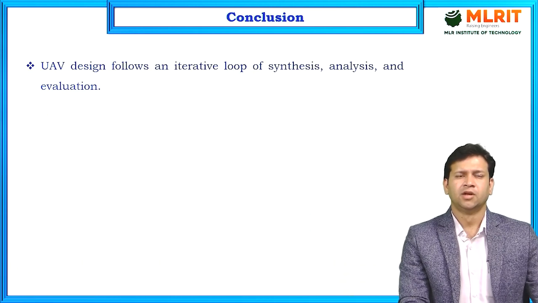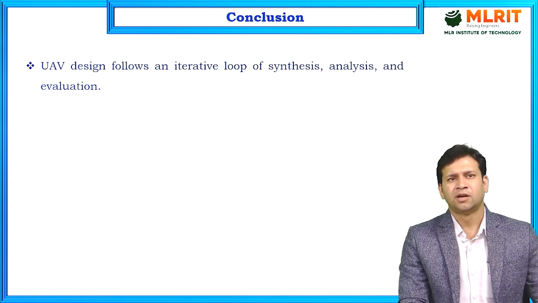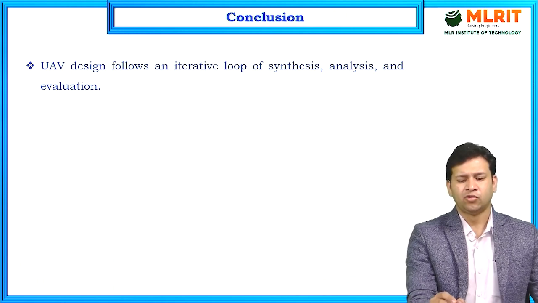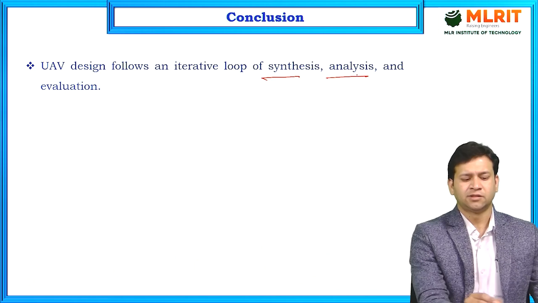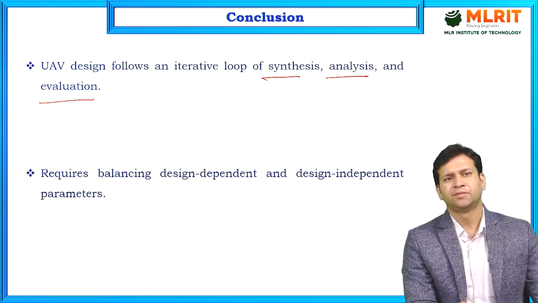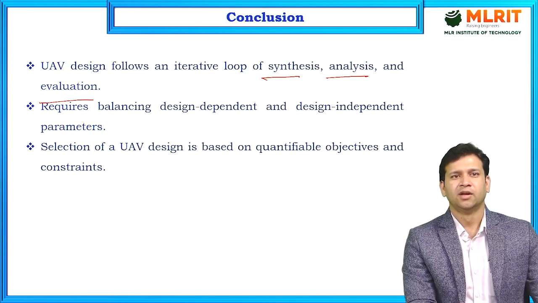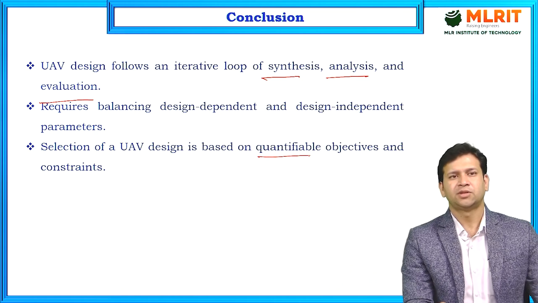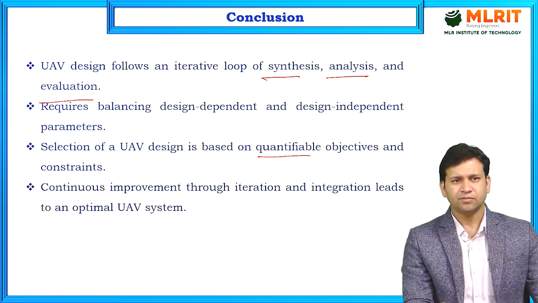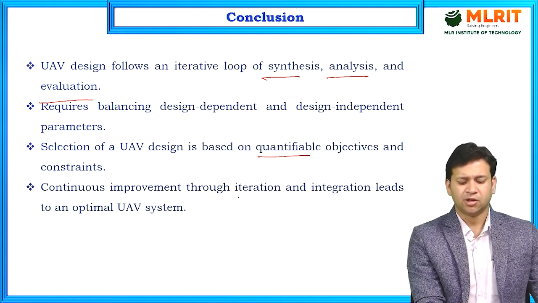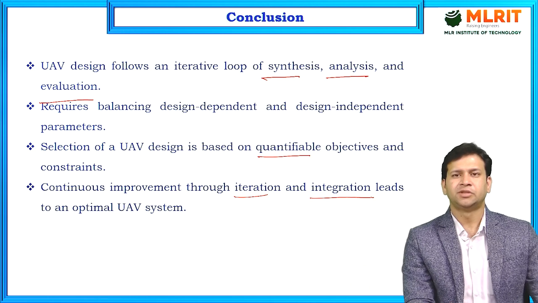Conclusion. In today's lecture, we have seen UAV design follows an iterative loop of synthesis, analysis and evaluation. It requires balancing design dependent and design independent parameters. Selection of UAV design is based on quantifiable objectives and constraints. It's a continuous improvement through iteration and integration, which leads to an optimal UAV system.